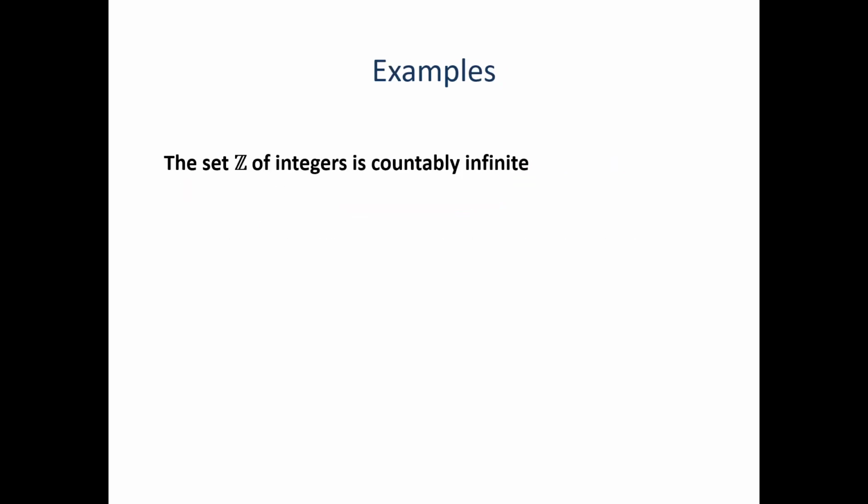Let's see a few examples on this. We mentioned the set Z of integers is not finite, right? Now let's prove that it's actually countably infinite. The way I like to think of this when I'm trying to prove if something is countably infinite is I try to list them somehow.